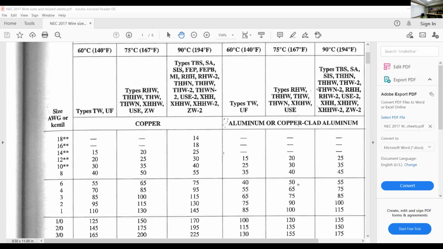Okay. Everybody okay with that? And I have to get you a copy of that section in the code book that says that. The code reference is 110.14.